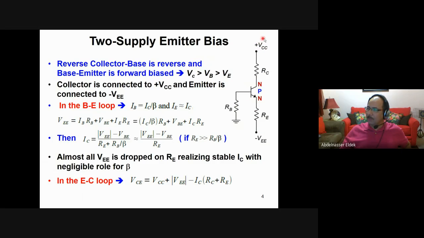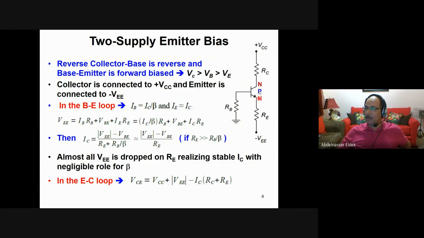You have a voltage VCC in this side, and this side negative VEE. So as if you have a source here that is equivalent to VCC plus VEE. So positive side is VCC, negative side is negative VEE. In this case, the difference is VCC plus VEE. So this total voltage is applied on one resistor, second resistor, and VCE. I want to find this VCE.